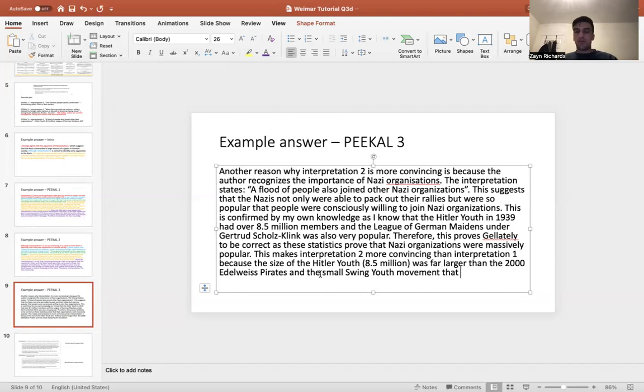I don't actually know the figure off the top of my head for swing youth that interpretation 1 references. In fact, I don't even need to say that because I've already talked about that.